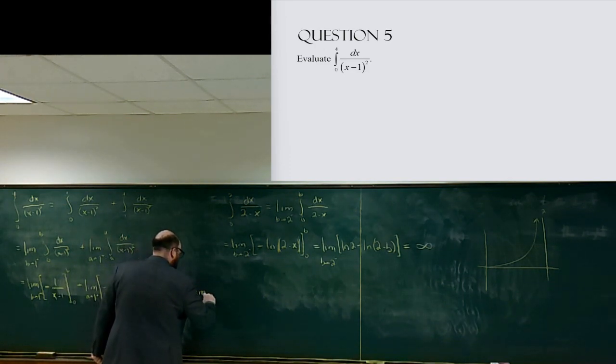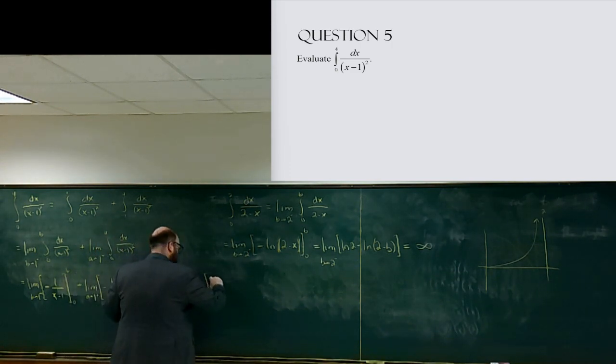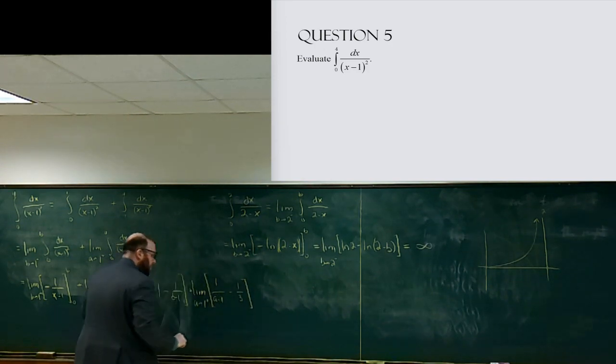Now we approach 1 from the right. It is negative, so I'm flipping the order. 1 over A minus 1 minus a third.